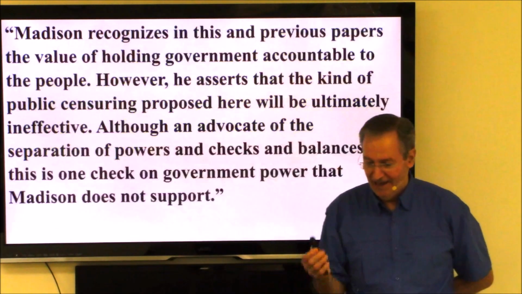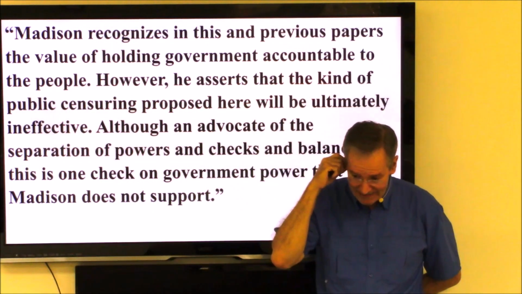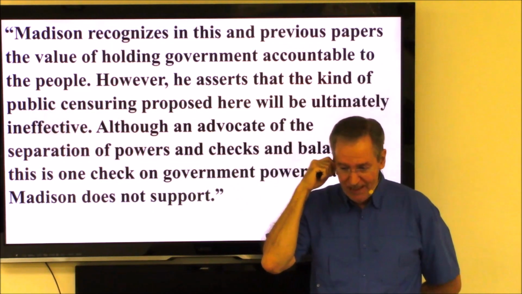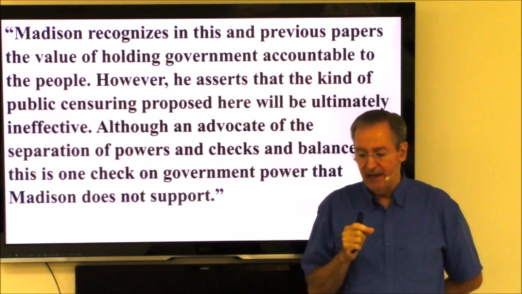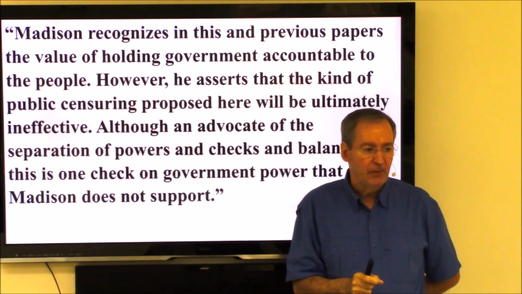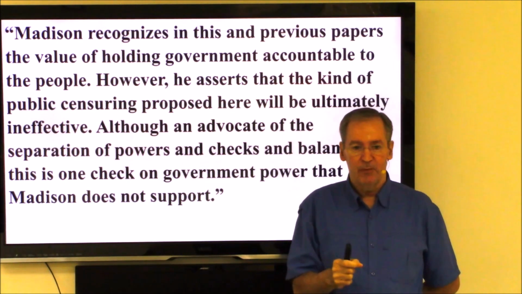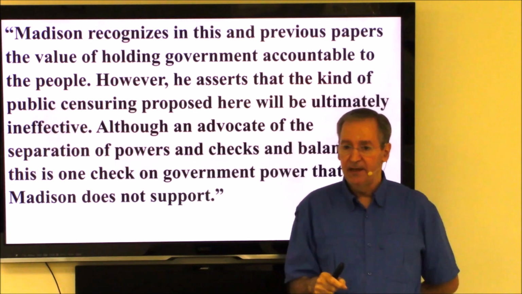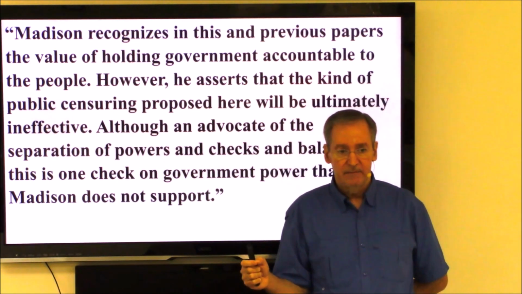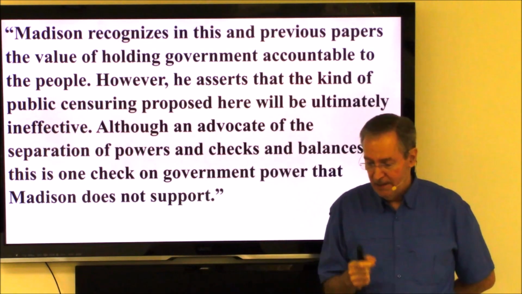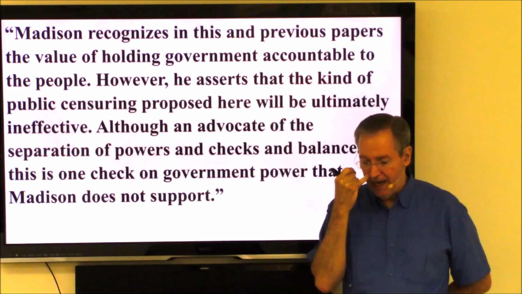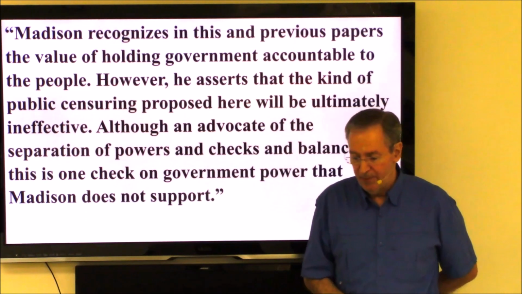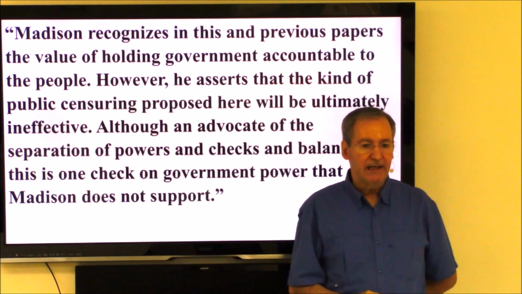Madison recognizes in this and previous papers the value of holding government accountable to the people. Government must be accountable to the people, or it becomes a tyranny. It becomes tyrannical. However, he asserts that the kind of public censoring proposed here will be ultimately ineffective.